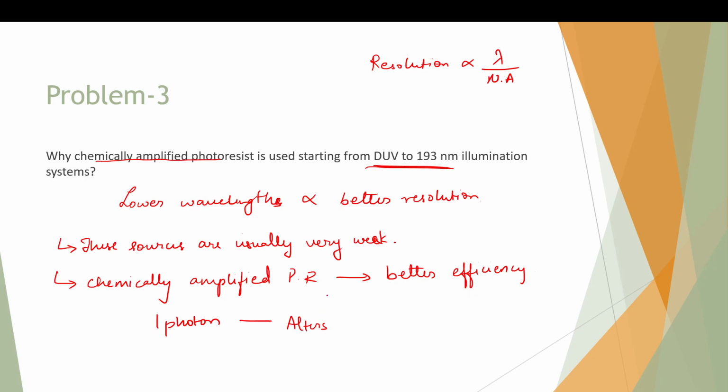It will not do anything else. Whatever is exposed, it will alter their solubility. So this is for standard resist.